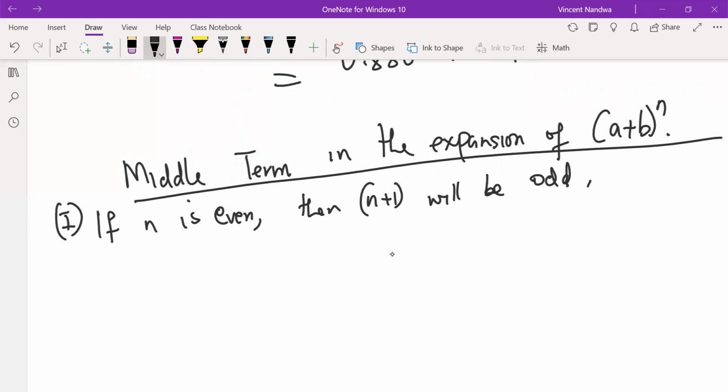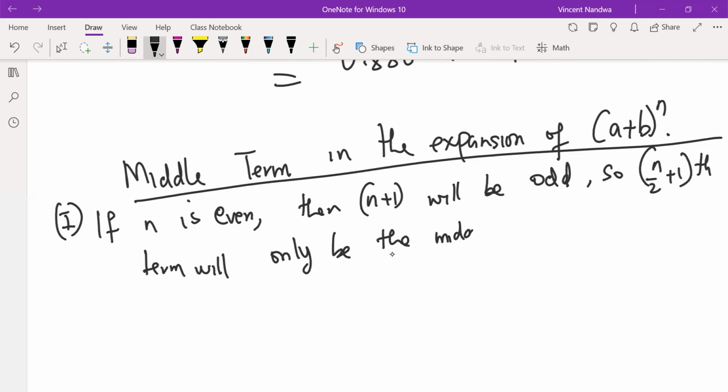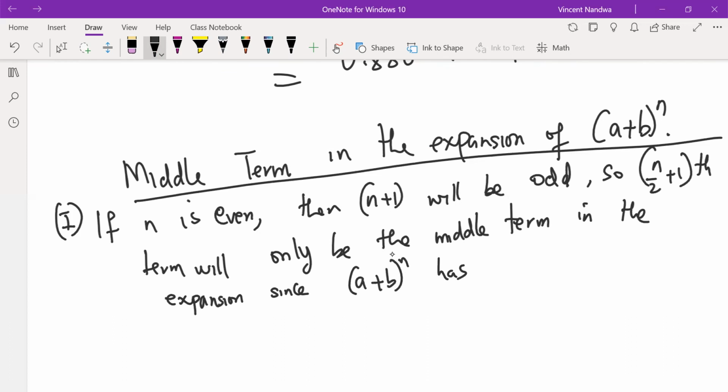So the (n/2 + 1)th term will be the only middle term in the expansion, since (a + b)^n has n + 1 terms.